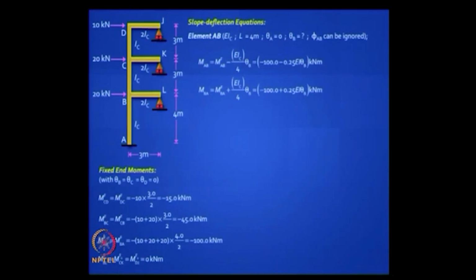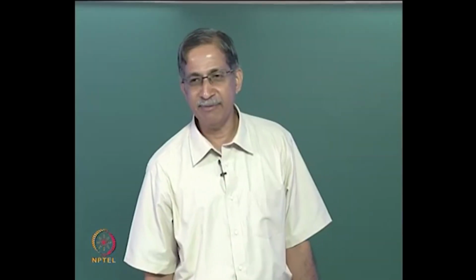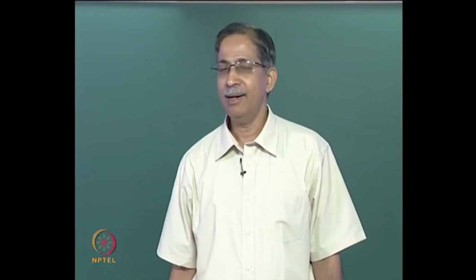When you take the next element, BC, will you write down the slope deflection equation for BC? You will get contributions from theta B and from theta C. So that's all. Once you get the hang of it, you will find it's a very, very powerful shortcut method of solving such problems. Write for the element BC.